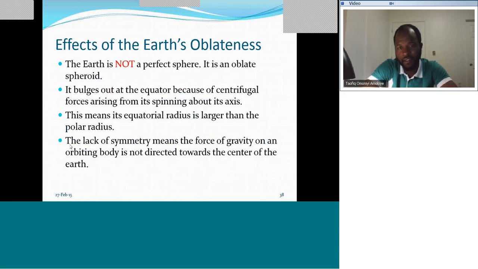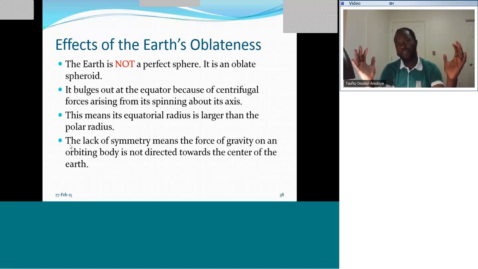It is an oblate spheroid. It bulges out at the equator because of the centrifugal forces arising from the fact that it is spinning about its axis. This just means that the equatorial radius is larger than the polar radius.